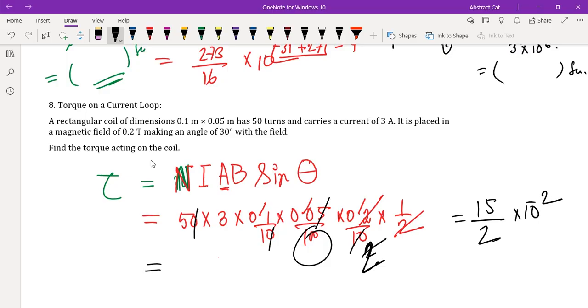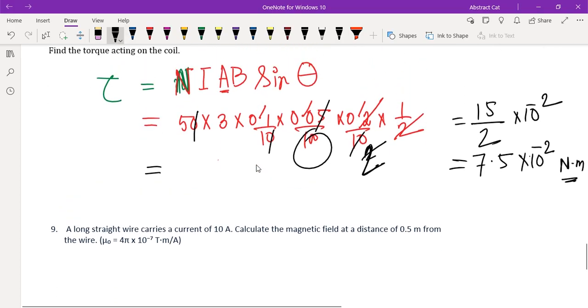That gives 7.5 torque into 10 to the power minus 2 Newton meter. Since you changed the 0.2, the decimal place also moves to the left side. Now we have solved this.